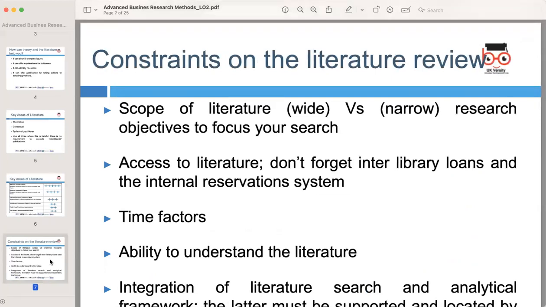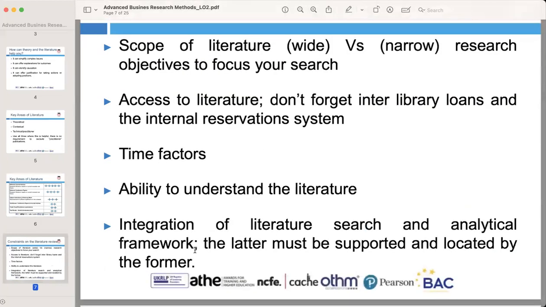Constraints on the literature review: scope of literature versus narrow research objectives to focus your research, access to literature, time factors, ability to understand the literature, integration of literature, search, and analytical framework. So first is scope of literature.